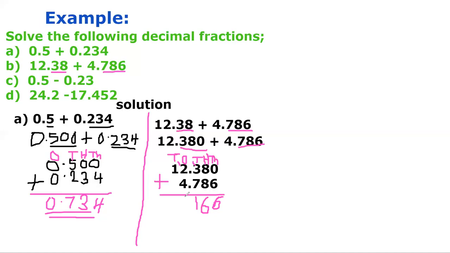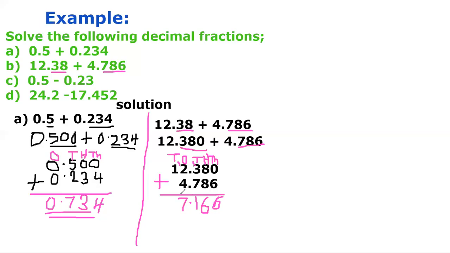Now here is where the point must come, because once you have arranged them in vertical form, the point must always be in line. Then when you add the 1 to this 2, you get 3. 3 plus 4 will be 7.